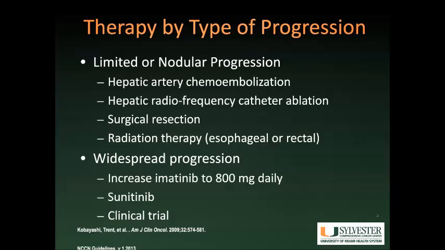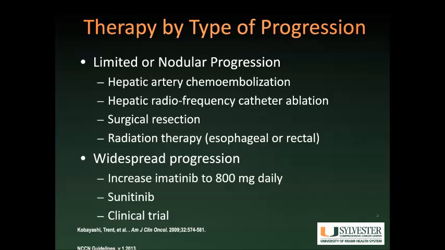However, if the tumor's in the pelvis, or if it's a metastatic site in the liver or even in the bone, then radiation therapy really is an option because higher doses of radiation can be given safely. And so that's really for what we call limited progression in localized areas.